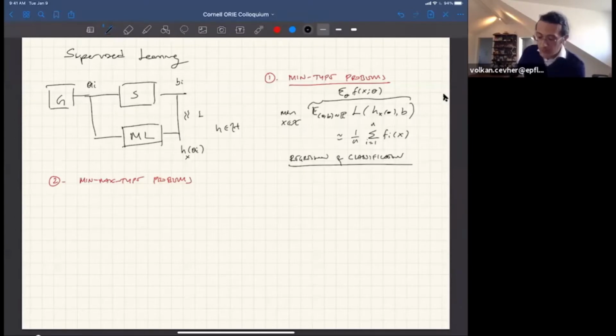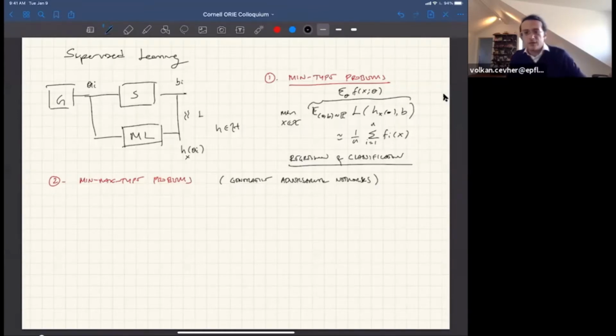So what I would like to do is give you a density estimation motivation. The motivation here is from generative adversarial networks. The idea is very simple. This generator gives us samples, and what we would like to do is learn a distribution over these samples.